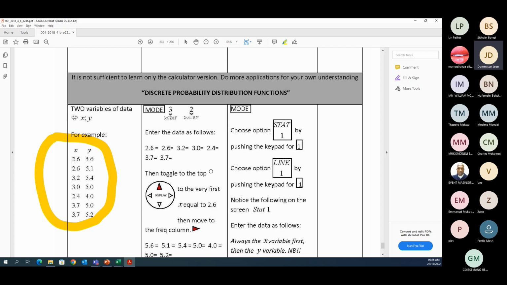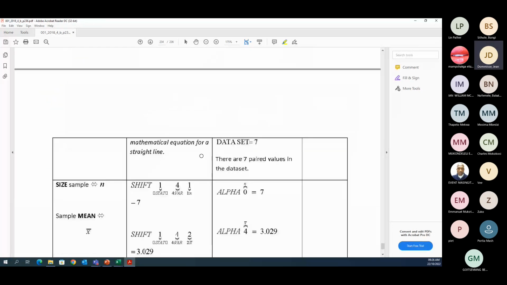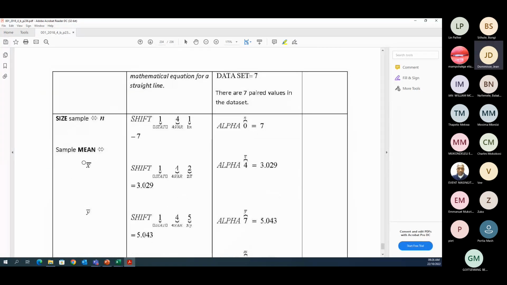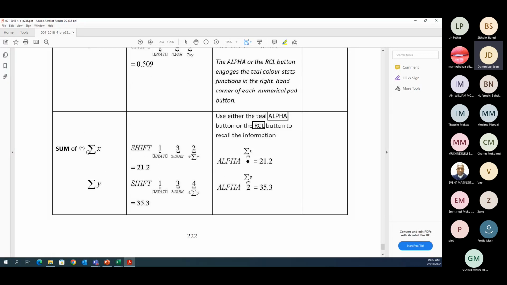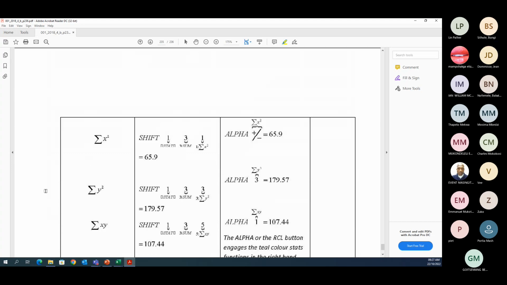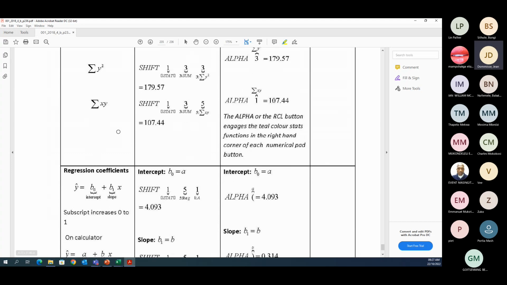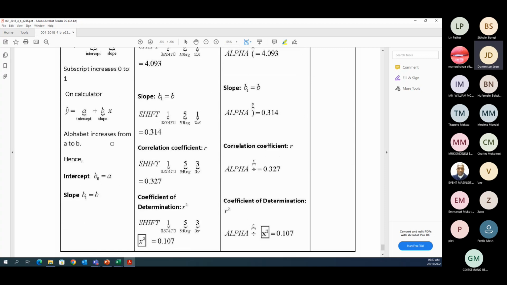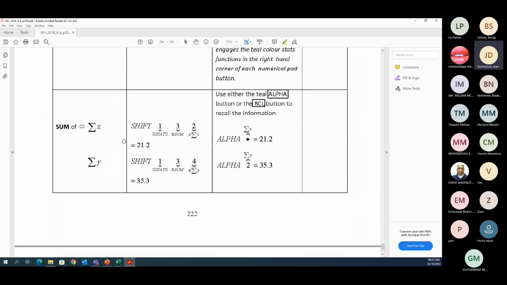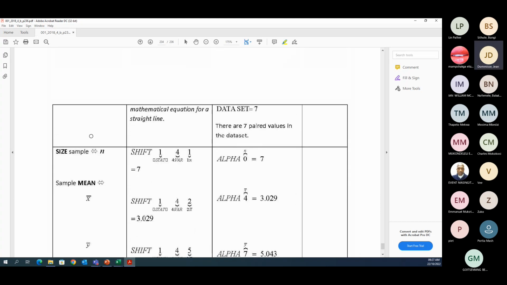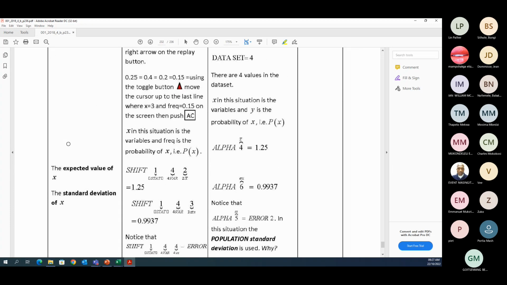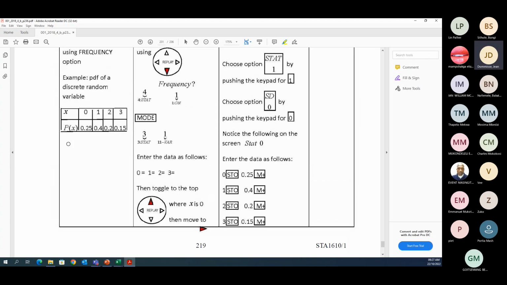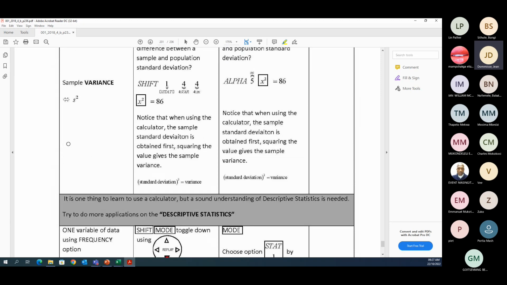They give you the way to do it. You would be able to calculate the means, the standard deviations, the sums of squares, everything you would need to calculate, with this calculator. But again, we have Excel to do that, so I don't see any issue using Excel.